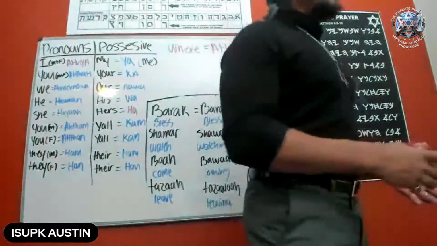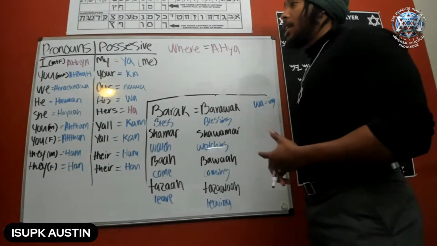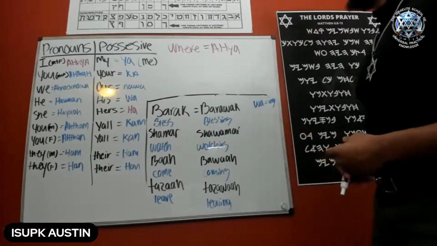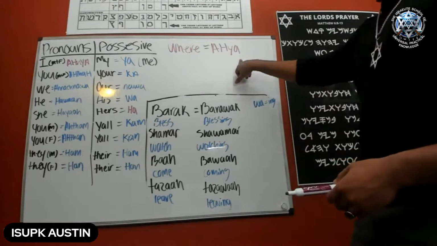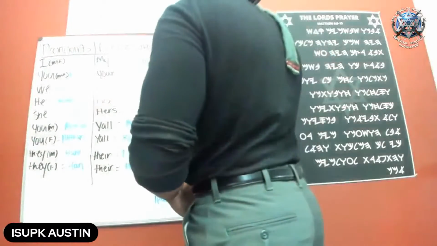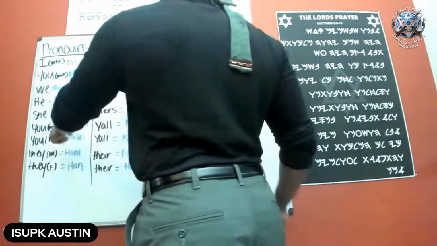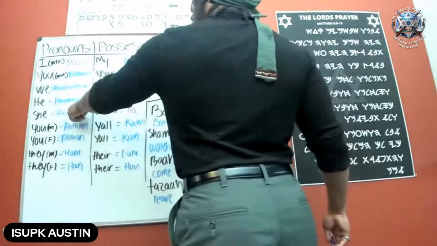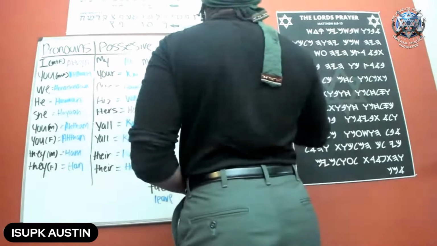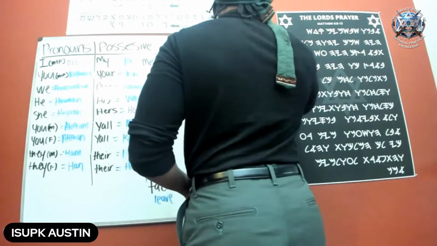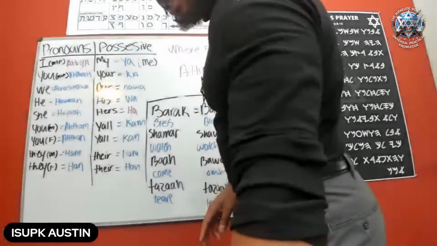So if I say where is he, what would you say? You would say informally, ayah he. We have hawa, which is the pronoun, the formal, but the equivalent to this is wa, ayawa, which is what? Where is he?